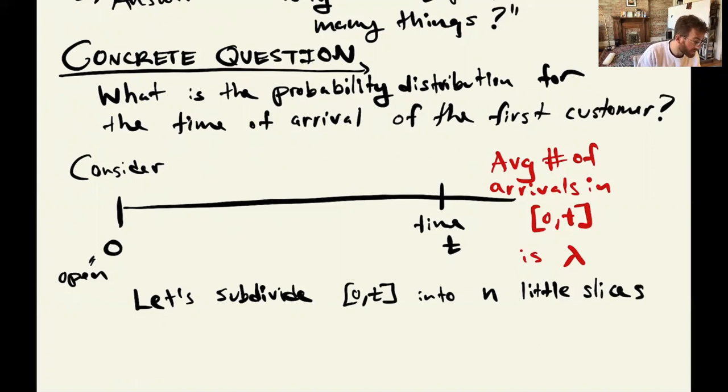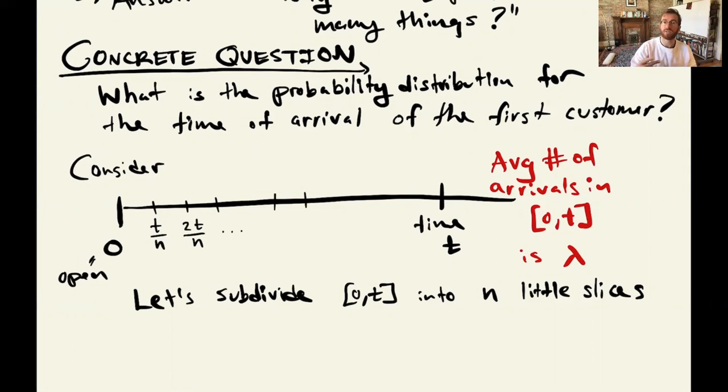And so I want to think of this as, if this is t over n, this should be our first slice, and then we're looking at 2t over n, and so on and so forth, so that I subdivided so fine that you're only going to count whether or not there was an arrival in that window of time or not.